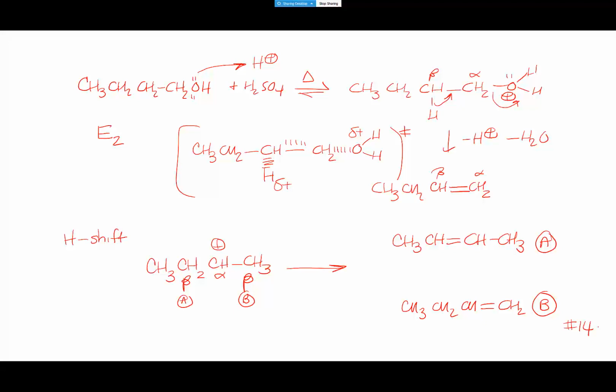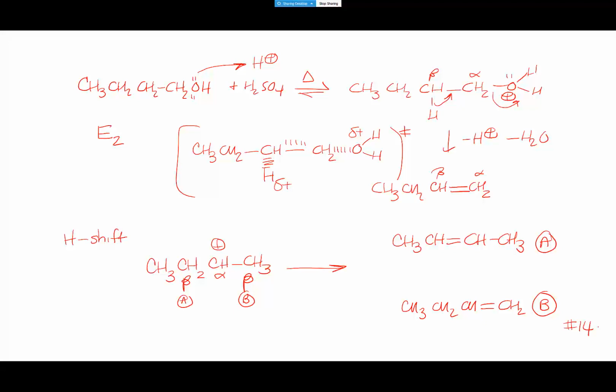So E2 only works with the primary. Can you use a secondary if you don't rearrange? No. Because if you protonate an OH group attached to a secondary, the water's going to want to leave. And the question is, can it? Yes, because you're attached to a secondary carbon.